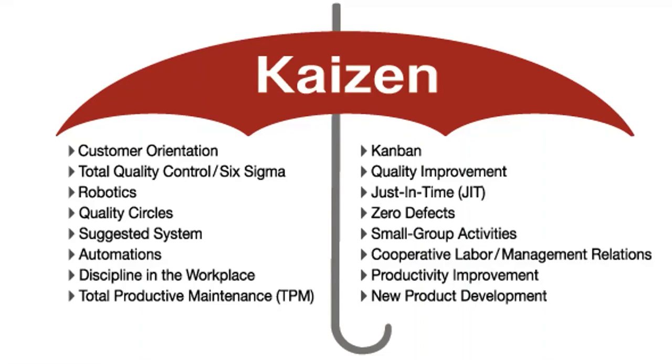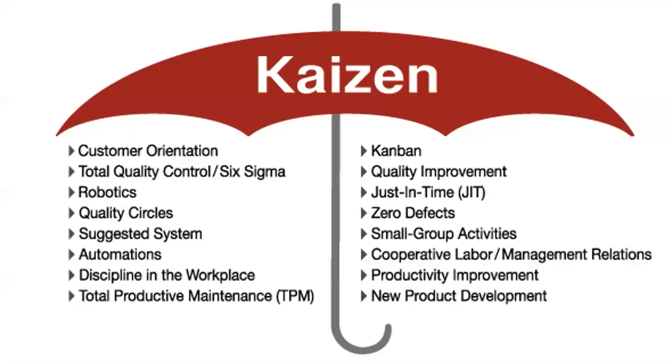To maintain discipline in the workplace, Kaizen is used. Total productive maintenance is also an area where Kaizen is used. Then Kanban, quality improvement, and just in time, which is an inventory management technique. Then we have zero defect, small group activities, and corporate labor management relations.